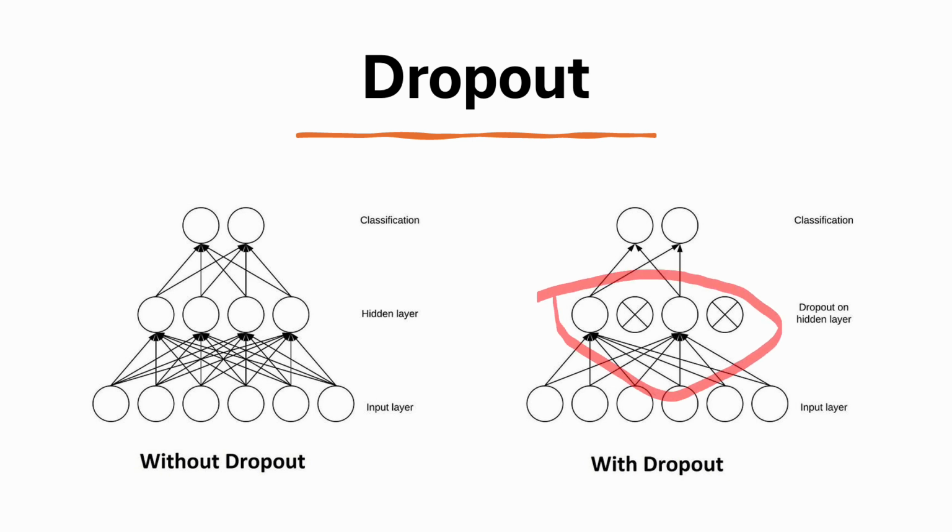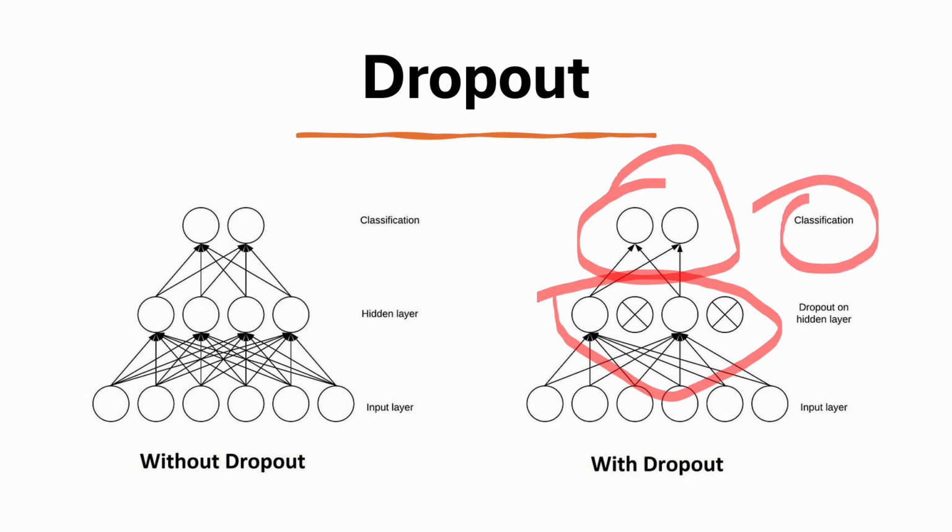So here in this example, if I set a probability of 0.5, that means from the input layer to the dropout layer, as you can see, there are 4 nodes, and it will drop out 2 because we set a probability of 0.5. It only keeps the 2 nodes and then moves forward to the next layer, which in this example is a classification layer.